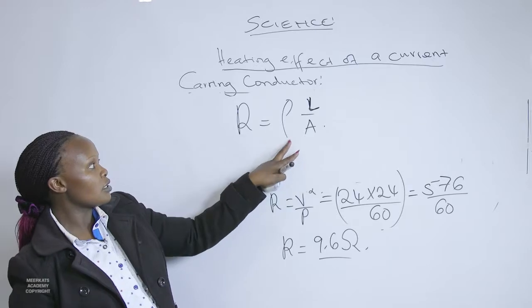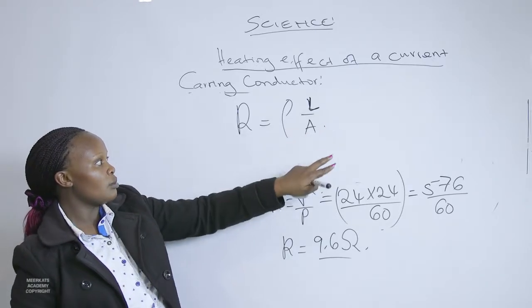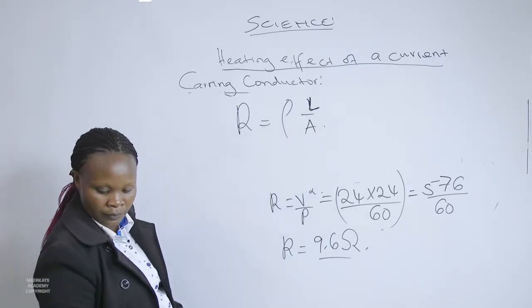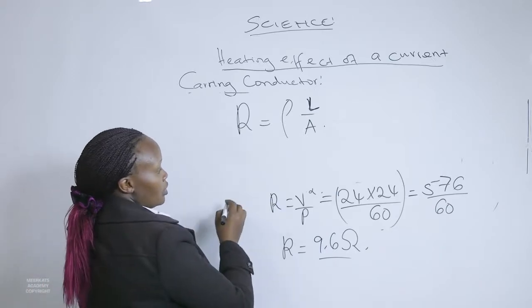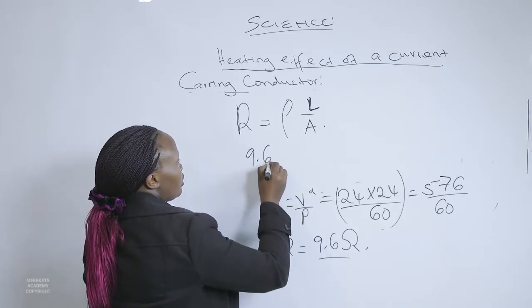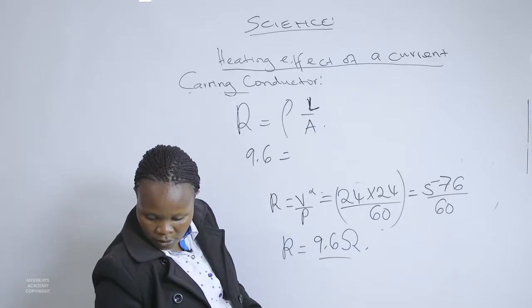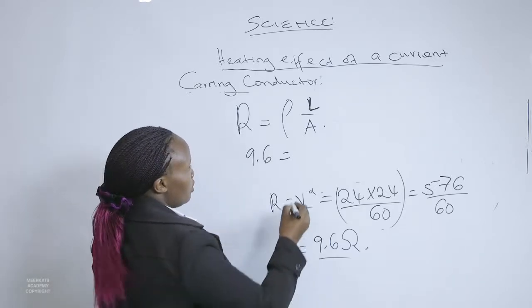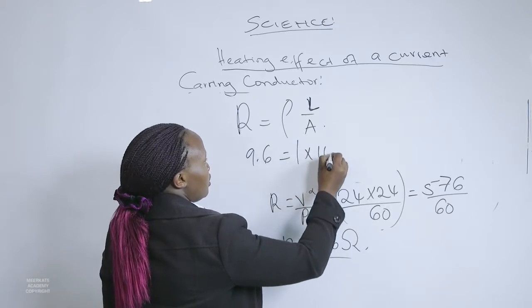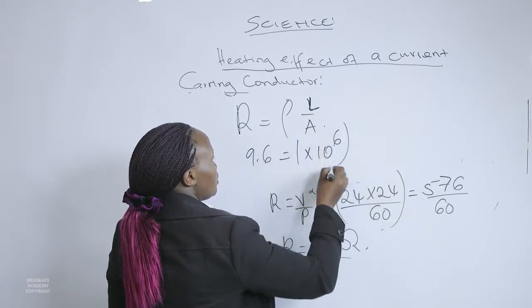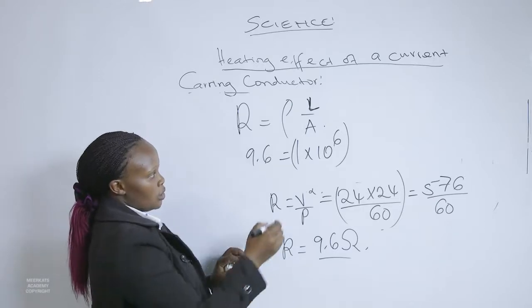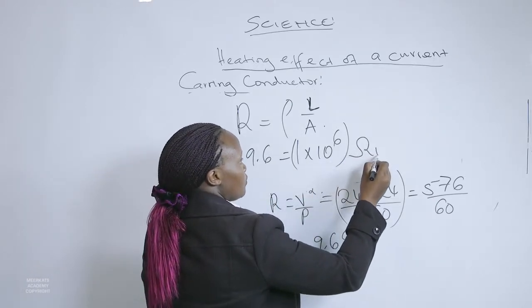That resistance is resistivity multiplied by L over area, and we can again substitute, so that 9.6 will be given by resistivity, which was given as 1 times 10 to the power 6 ohm meters.